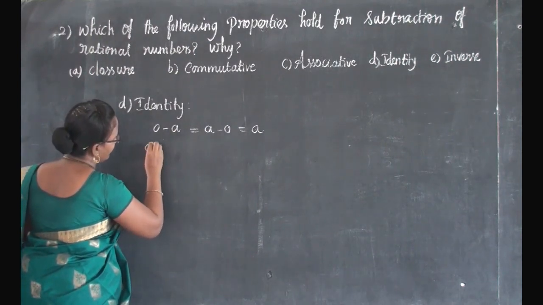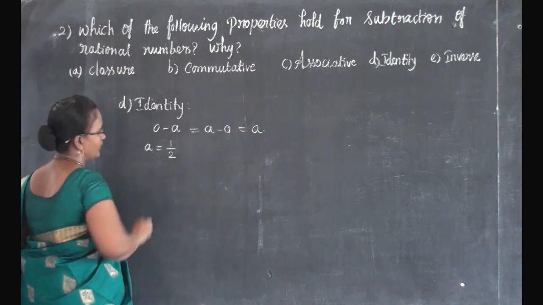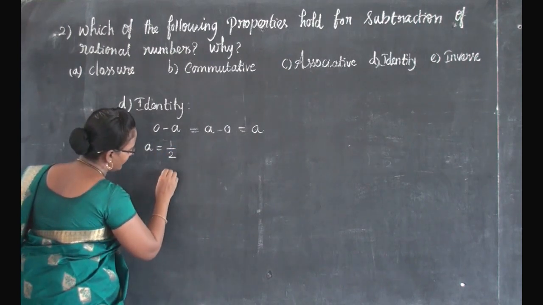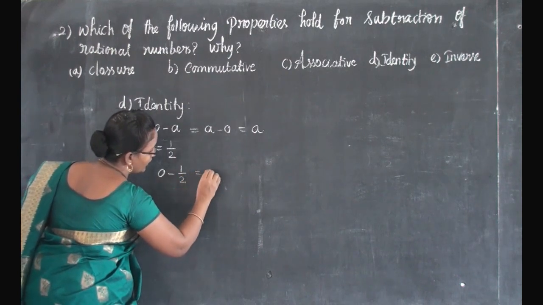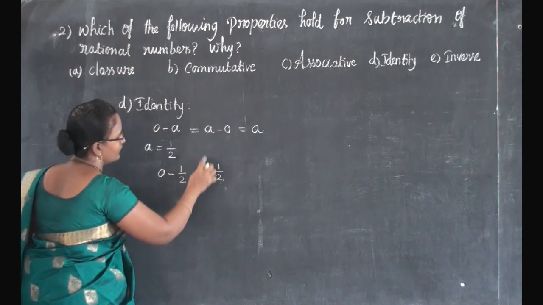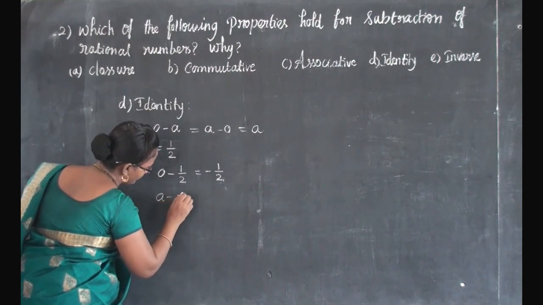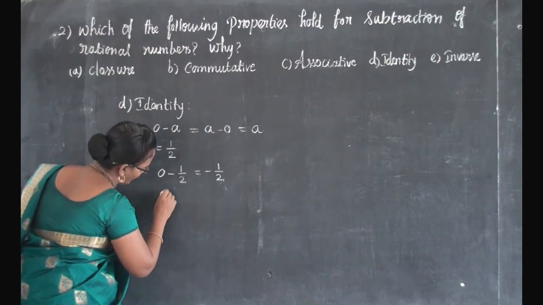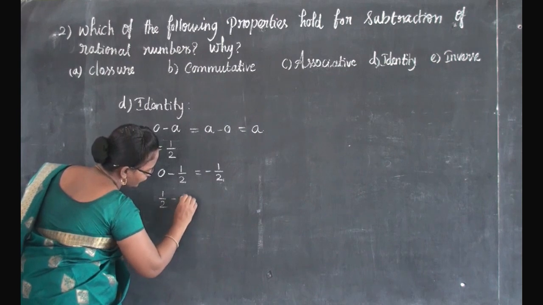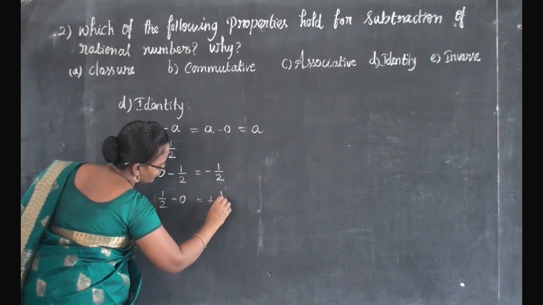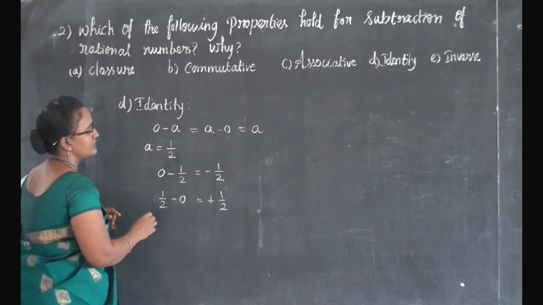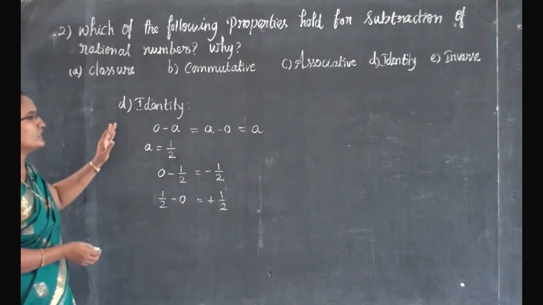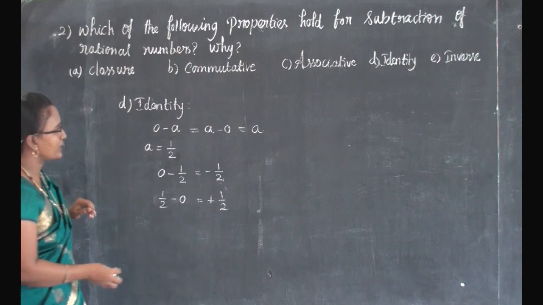Let A equal to 1/2. Listen, 0 - 1/2, that is equal to -1/2, and A - 0, that is 1/2 - 0 equal to plus 1/2. So that is not true for subtraction. So identity is failed under subtraction.